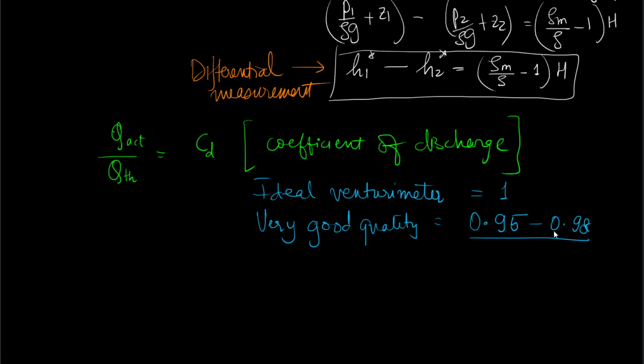So whatever you measure as the actual flow rate, if you compare it with the theoretical calculations, there will be a certain reduction, and the larger the Reynolds number, the better the coefficient of discharge, on account of the fact that at larger Reynolds numbers, the viscous boundary layers are more and more confined near the wall. However, for larger Reynolds number, you run the risk of making the flow quite turbulent. And the moment the flow becomes turbulent, you start losing energy to eddies. So we want to avoid that as well.